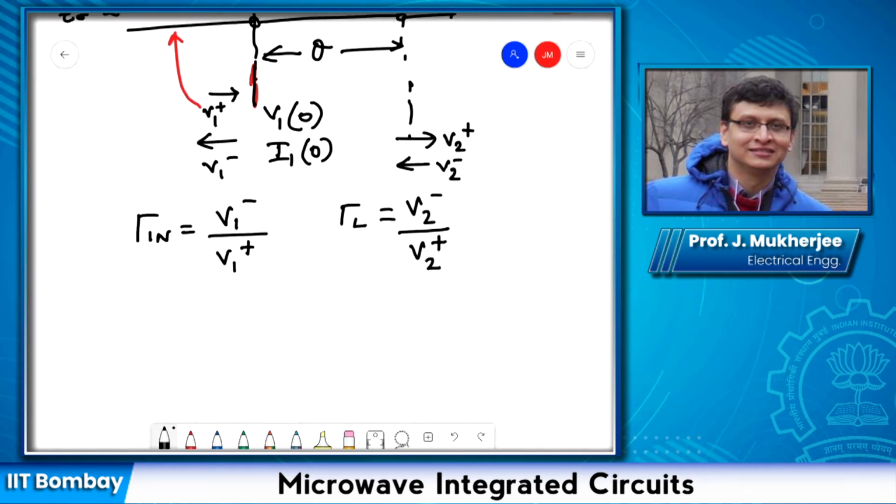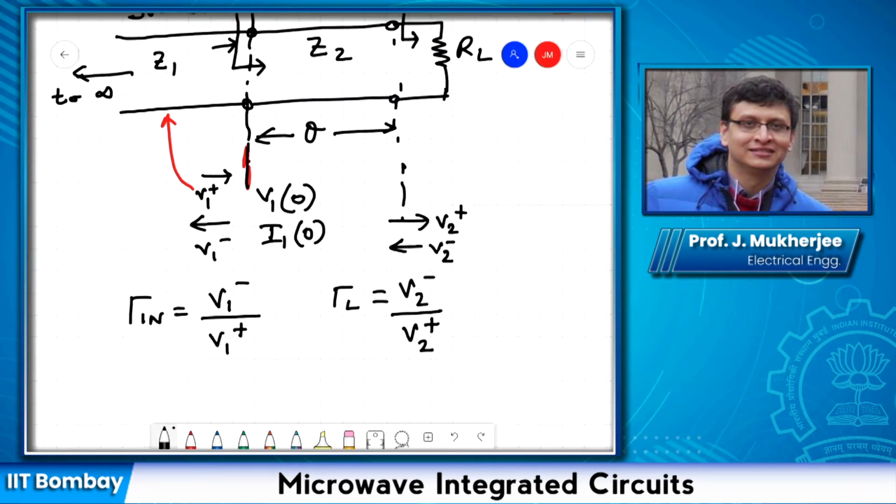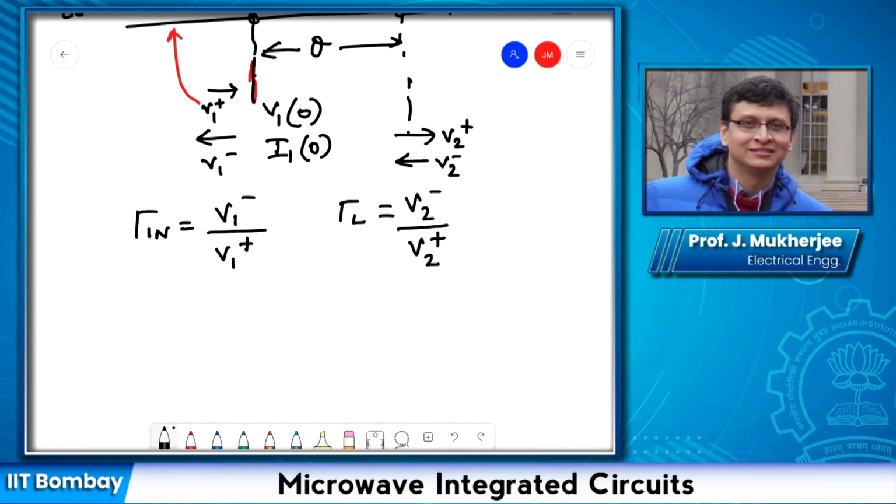So how can I write V10 in terms of V1 plus and V1 minus? I can write V10 as equal to V1 plus plus V1 minus.